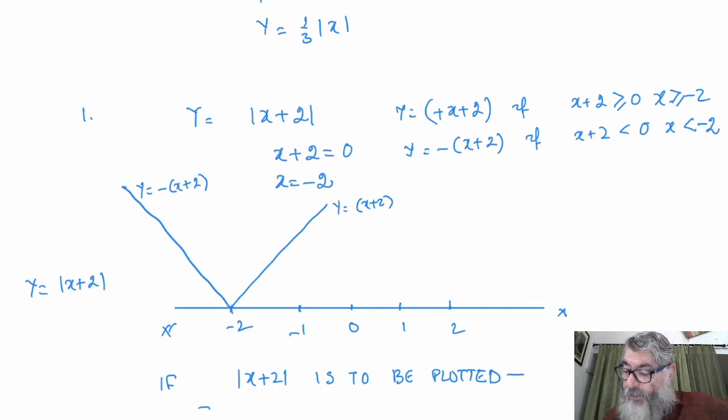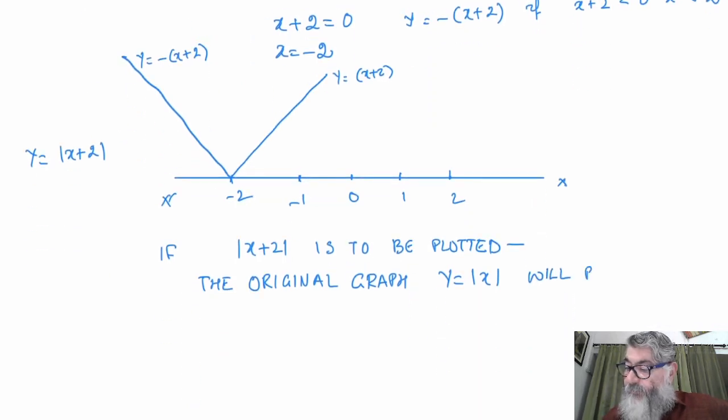The original graph, what is the original graph? y is equal to modulus x will be shifted, when we are adding, will be shifted to the left by 2 units.